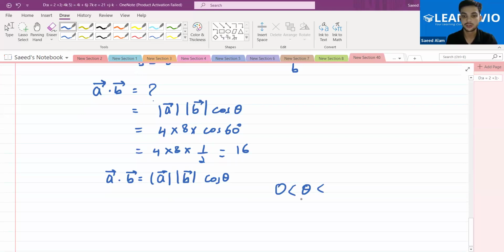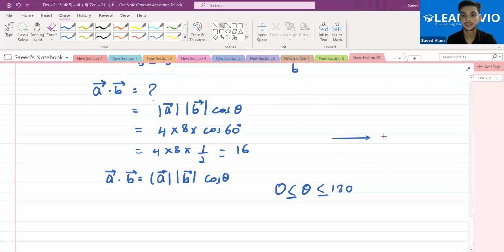So we can say that theta is greater than or equal to 0. And what can be the maximum limit? Yes, Rasha, that is 180. Can you understand, Satya, why we are taking it to be 180 and not 360 degrees?